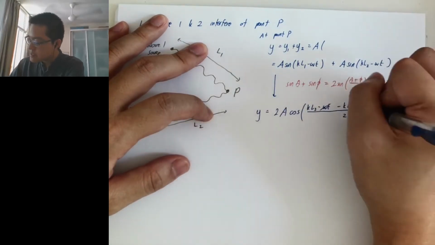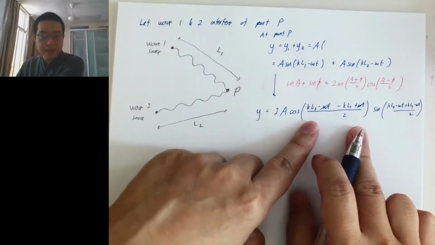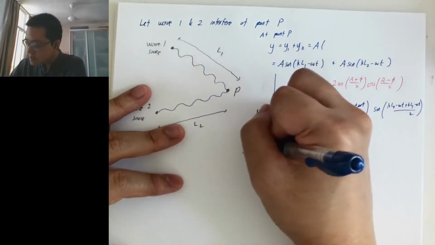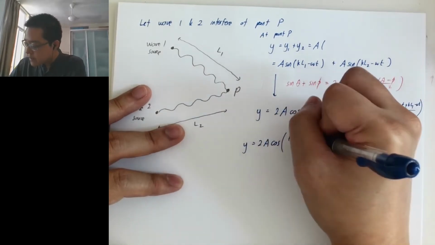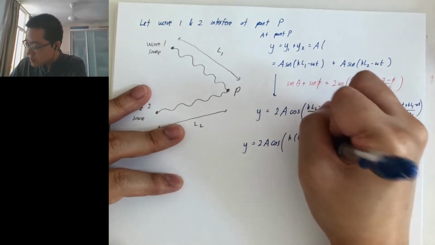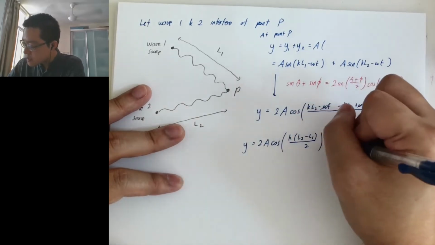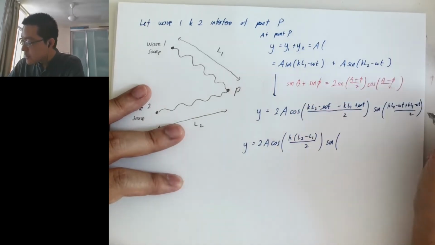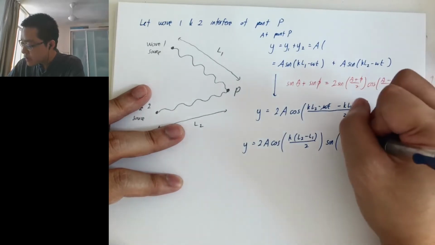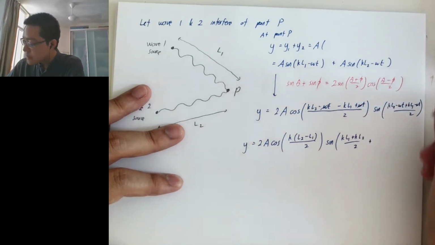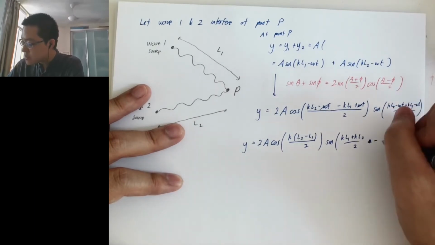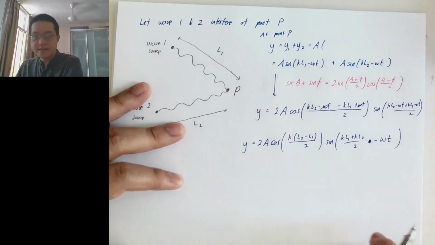In this case, this part is the phase difference over 2, because we see that this is 2a cosine, k factorized, so I got (L2 minus L1) over 2, and then this term is a sine function of (KL1 plus KL2) over 2 minus omega t over 2, which is just omega t again.